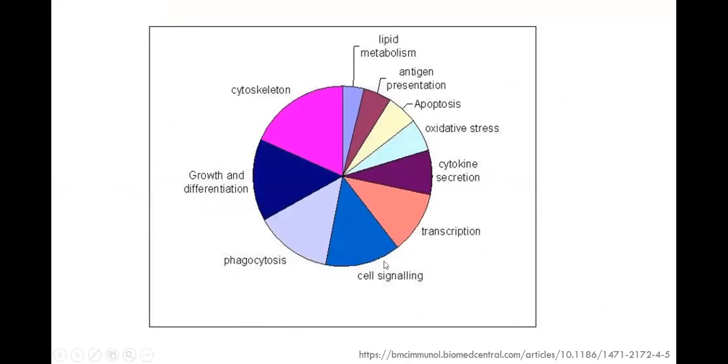But in terms of the immune system, antigen presentation and the MHC molecule constitute a high proportion compared to other molecules.